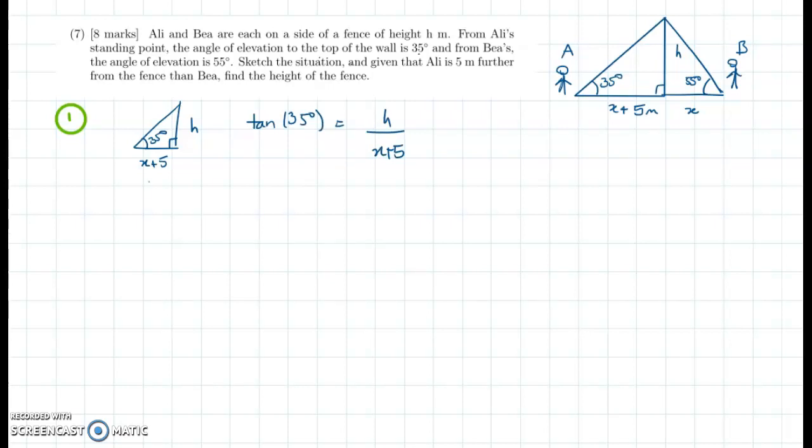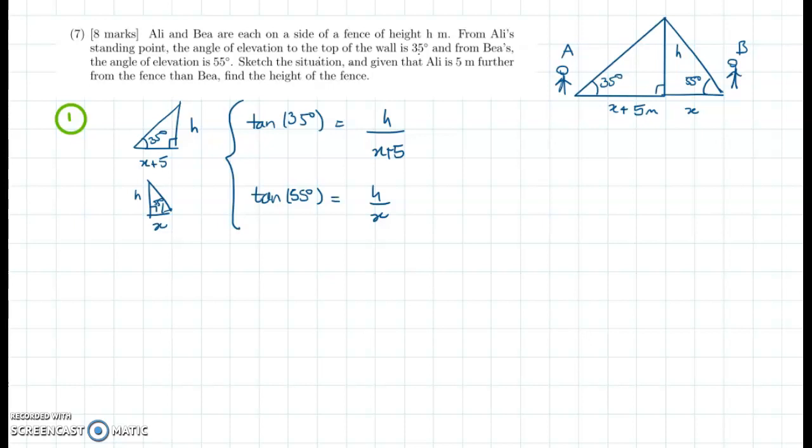At the same time, if we focus on the other triangle, the one with the angle of 55 degrees, again, the leg opposite to it is h, and this time the leg adjacent to it is x. So we can write that the tangent of 55 degrees is equal to h over x. So actually here we have a linear system with two unknowns and two equations. Our unknowns are h and x.